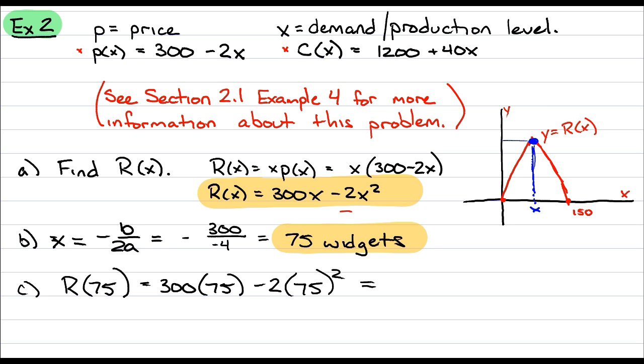I plug all that into the calculator, do some calculations, and I get that the maximum monthly revenue is $11,250. Make sure you understand that before going on. In the next few parts, D through G, we're going to be doing something very similar, but this time with the profit function instead of the revenue function.